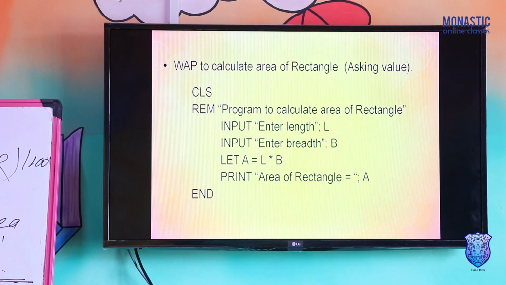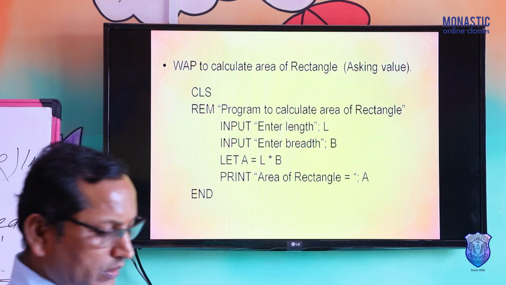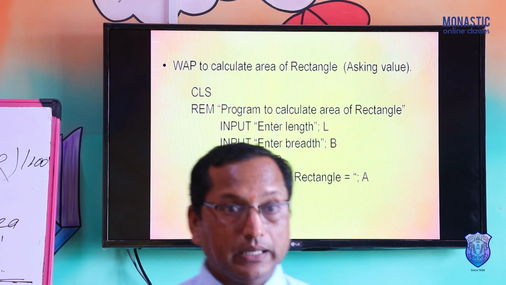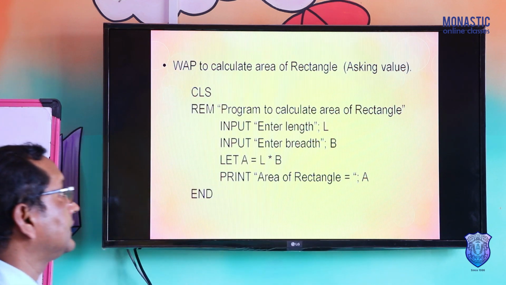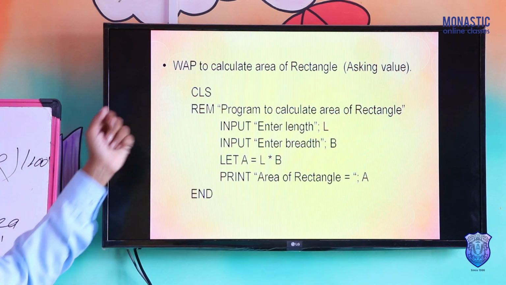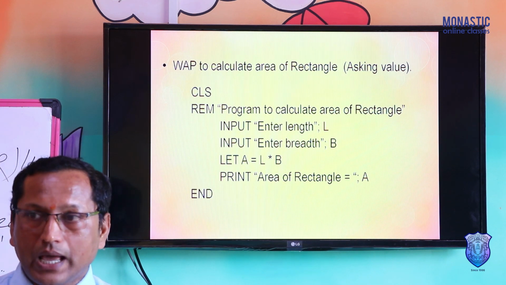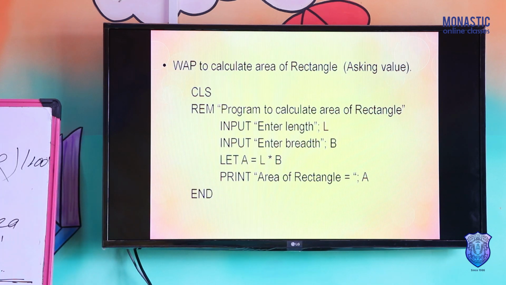Area of a rectangle needs the length and breadth. The formula is A equals L into B. The L and B are not given here in the question. It means we have to ask for the value of length and breadth. How? See here.